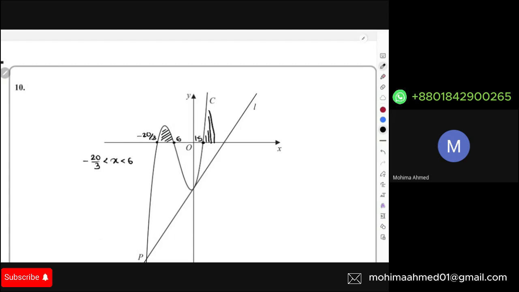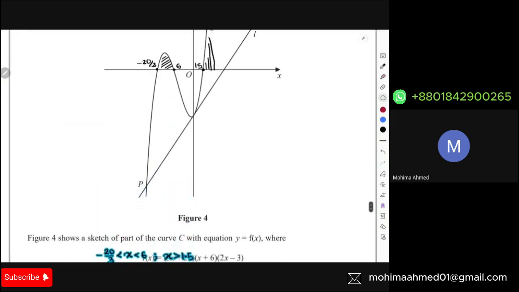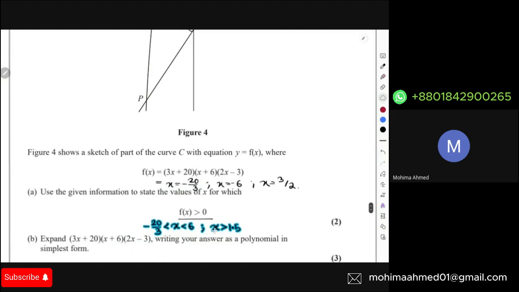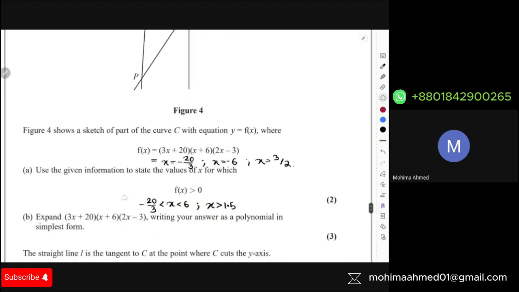This will come in one set, and the other set is x greater than 1.5, as it is always to the right of this point. So this is 1.5, and this is your answer. This is the set of ranges that defines that inequality. So this is your answer for part A. That's it. Other than this, nothing else to write.